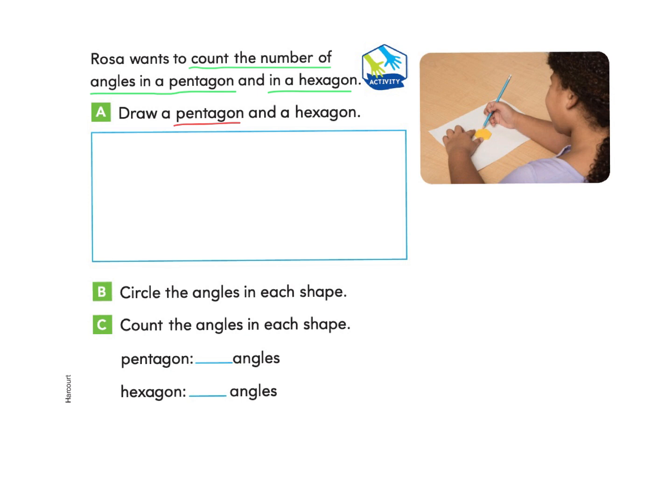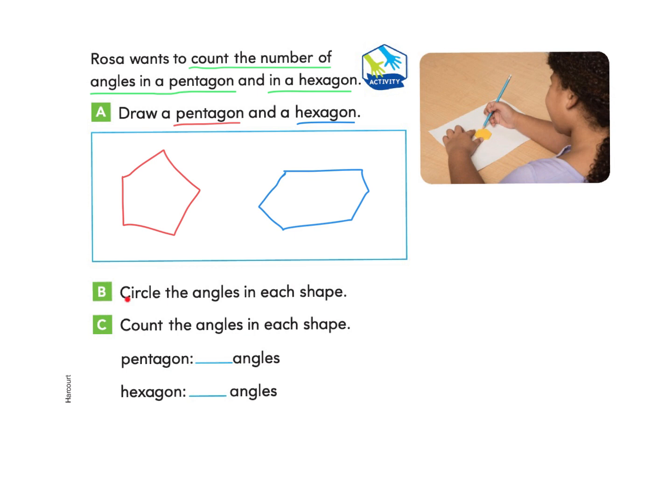So I'm going to draw 1, 2, 3, 4, 5. Here is my pentagon. And I know that the hexagon has 6 sides. So I'm going to draw 1, 2, 3, 4, 5, 6.